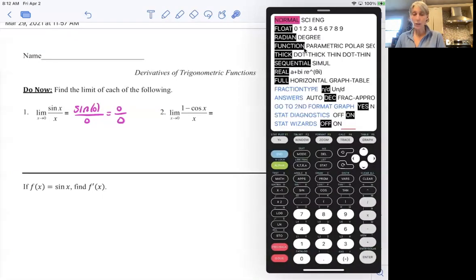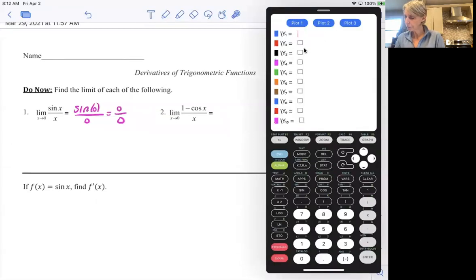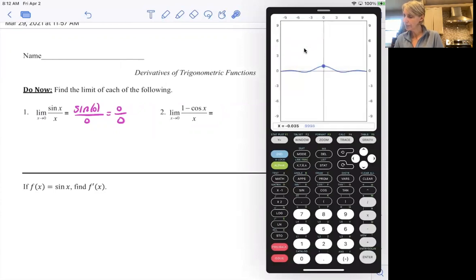So make sure you're in radian mode and then put this function in, sine x over x, and we're going to look at this picture. It looks something like this. I'm not going to make it too exact, but it looks something like that. We're concerned with what happens as x approaches 0.